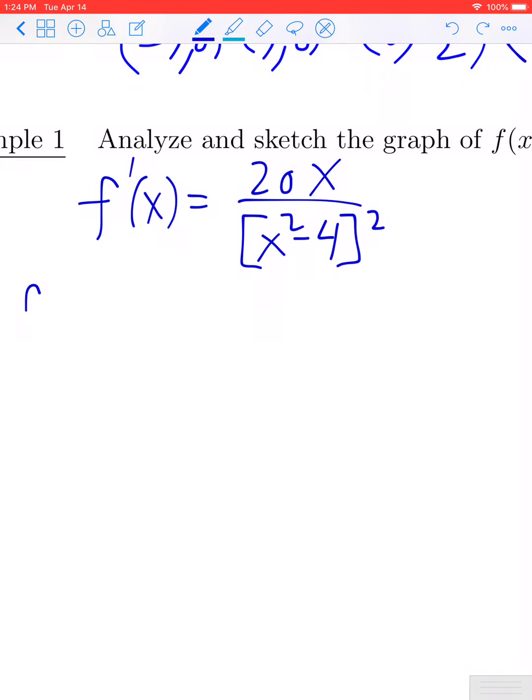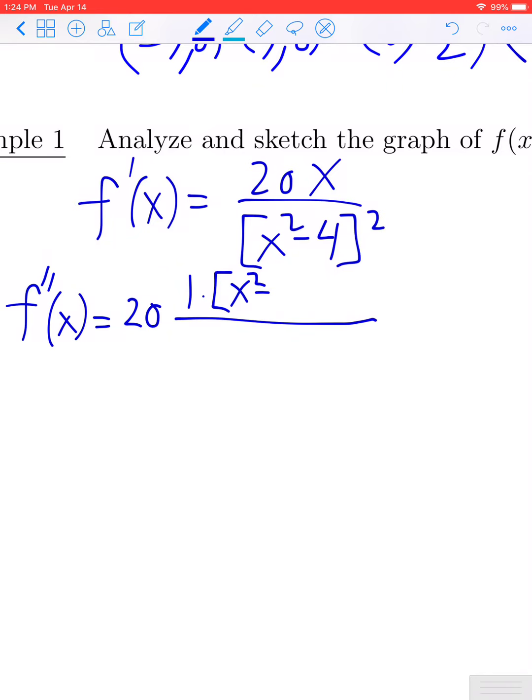To do the second derivative, I'm going to again use the constant multiple rule. Let me bring that 20 out in front. I'm thinking of the numerator as x, and the denominator as x squared minus 4 quantity squared. The derivative of the numerator would be 1 times the denominator, minus the numerator, x, times the derivative of the denominator, which will require the chain rule.